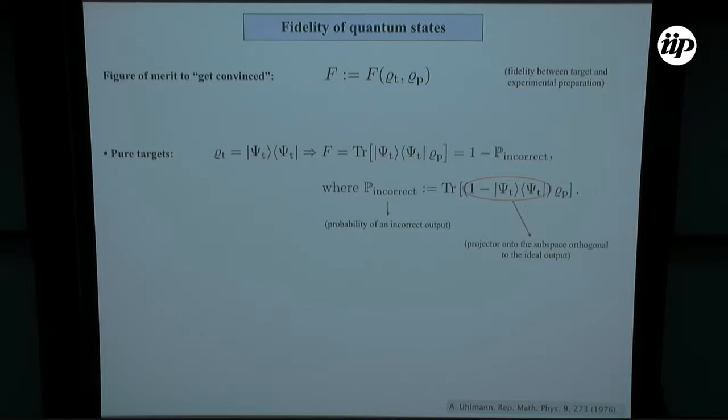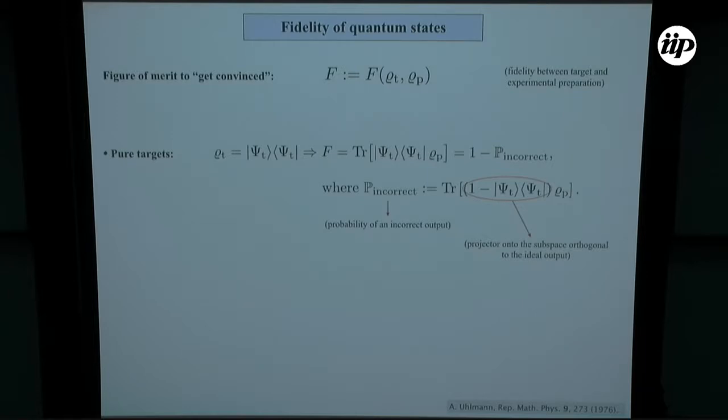And then rho p is the density matrix that describes my experimental preparation, which is totally unknown, and possibly mixed, right? The fidelity between 2 states measures how close these 2 states are. When one of them is pure, it's simply the overlap, right? Here, if rho t is a pure state, it can be written in terms of state vectors psi target, psi t, and then you can simply calculate the overlap.